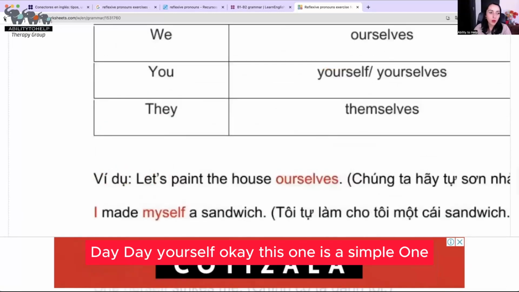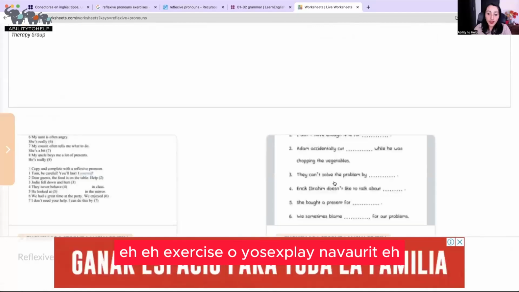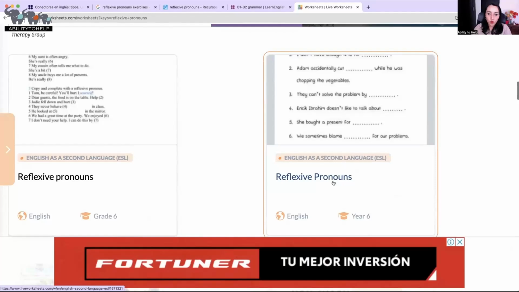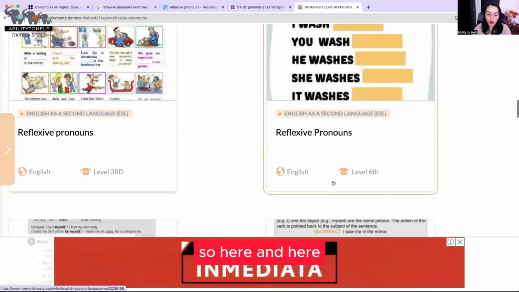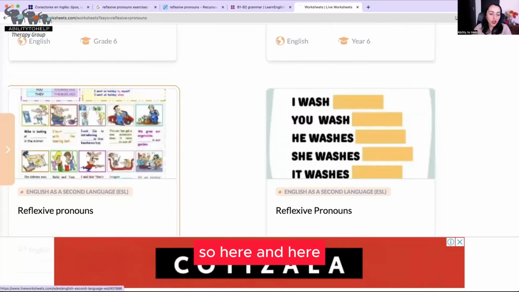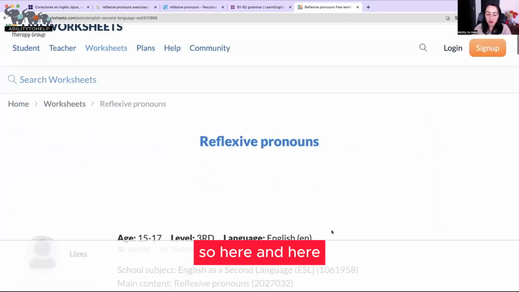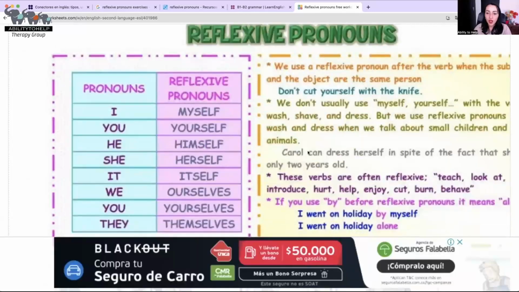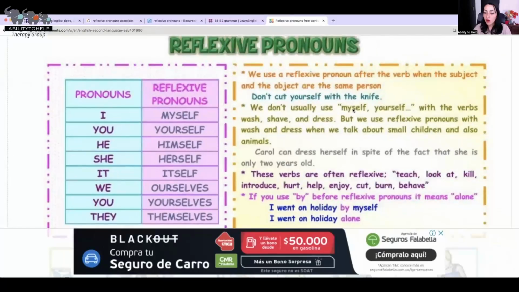Okay, this one is a simple exercise, so just explanation about it. And so here and here, oh, this one is with some pictures on it. Okay, let's solve this together. So read about it. We use a reflexive pronoun after the verb when the subject and the object are the same person. Don't cut yourself with the knife.